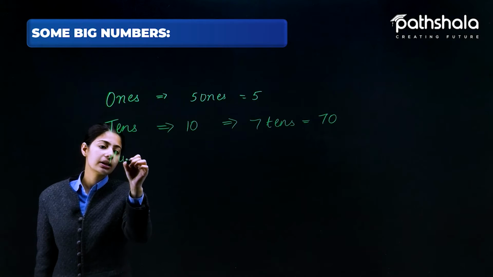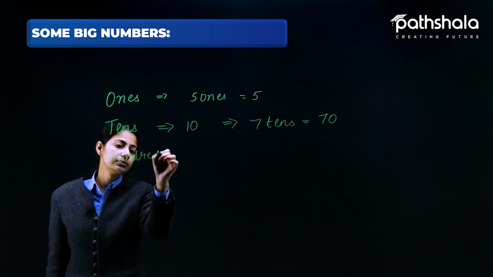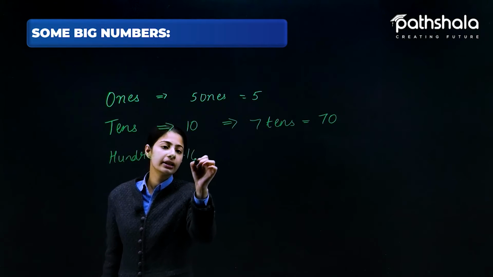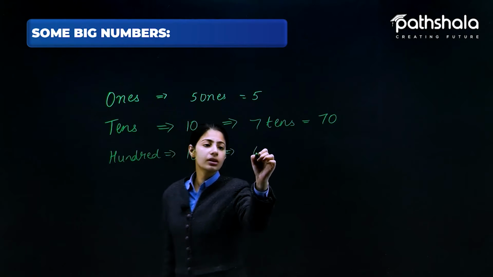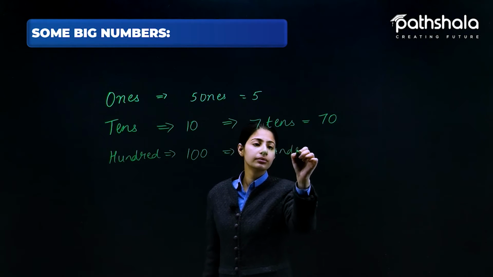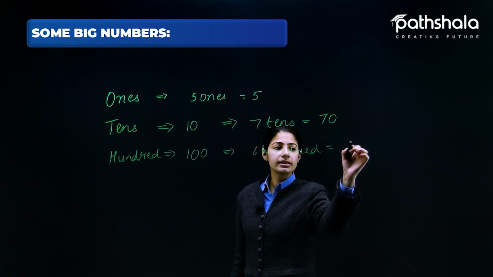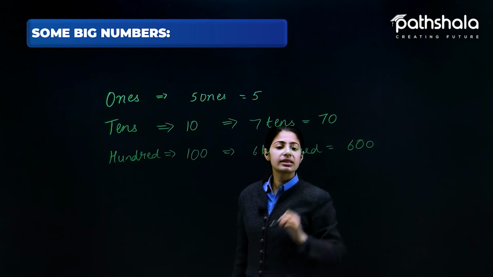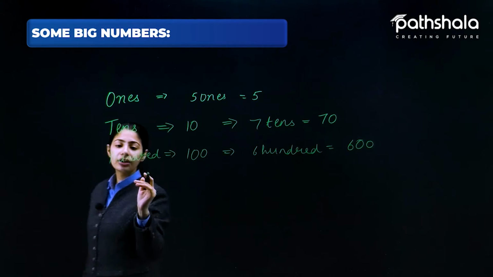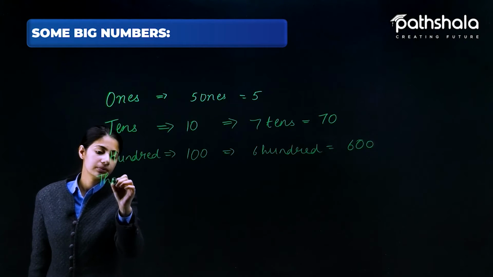After tens comes hundreds. So in 100, there are 2 zeros. For example, if I say 600, so 600 means 6 with 2 zeros. So this is 600. After hundreds comes thousands.